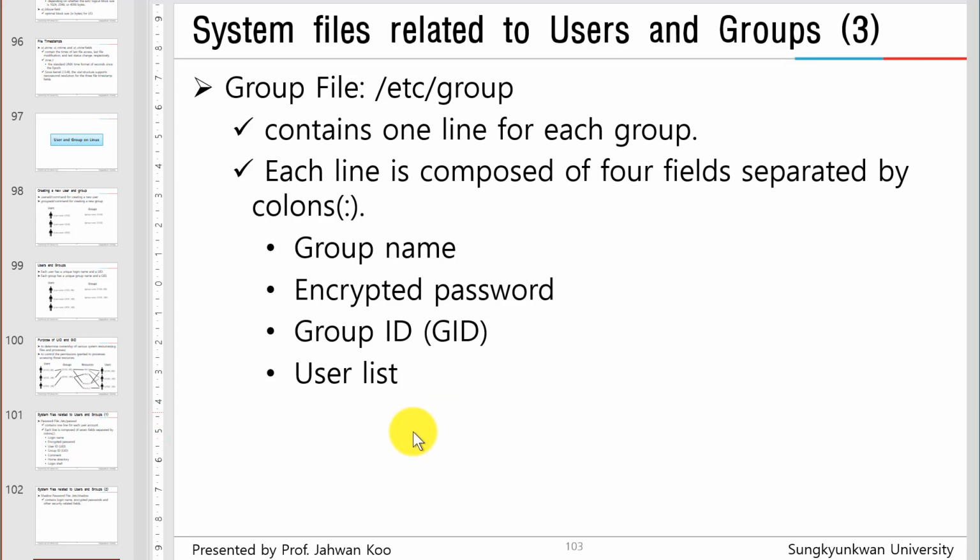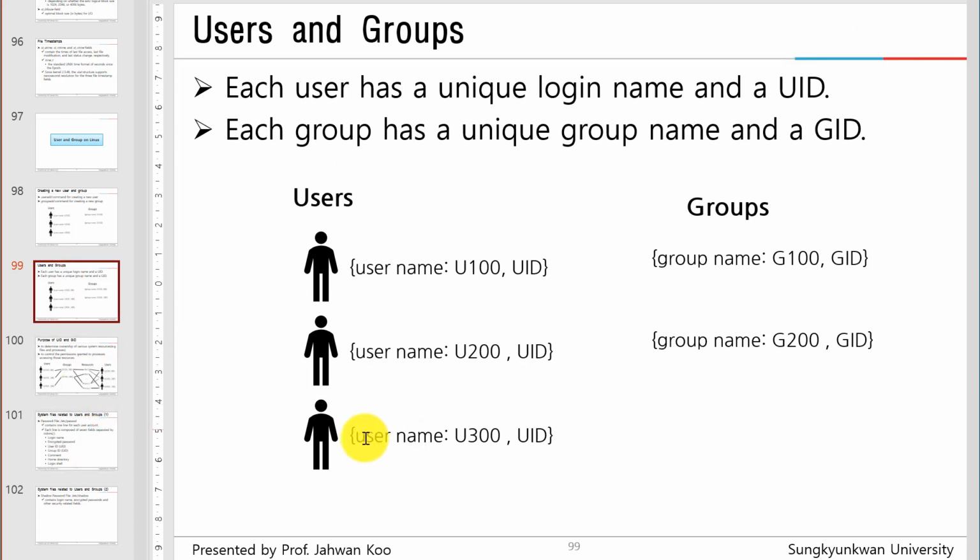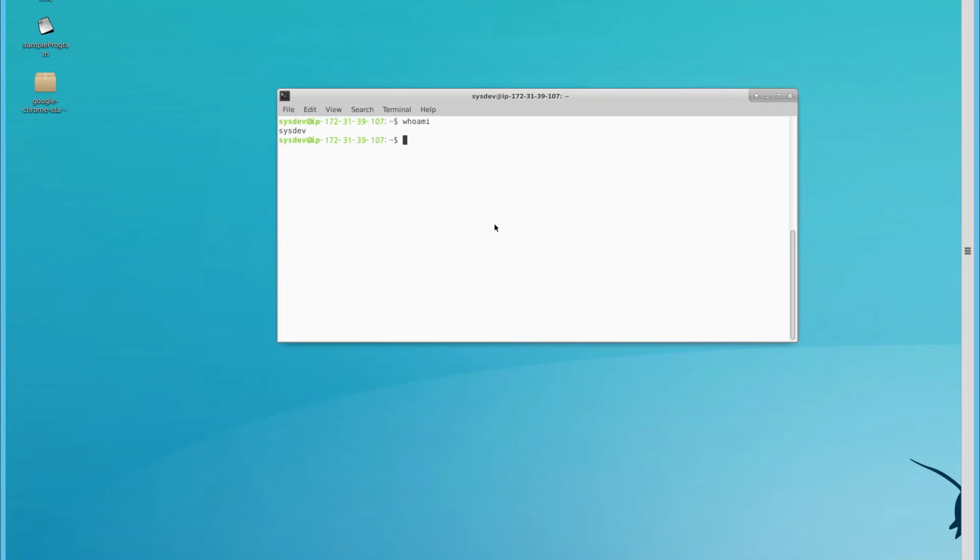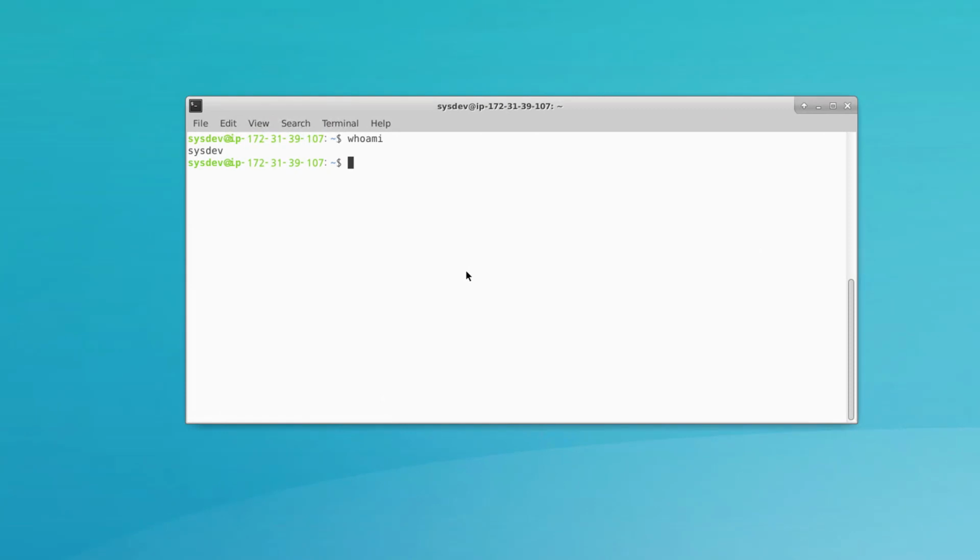Let's create 3 new users, U100, U200, and U300, and then we create 2 new groups, G100 and G200. As you can see, whoami command displays who I am. So I am currently SysDEV.